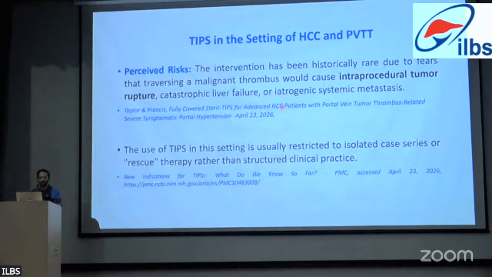However, this has not been seen in recent studies. The problem is that these cases are very limited and a large study group cannot be found. Most of them are restricted to isolated case series or case presentations rather than structured clinical practice.